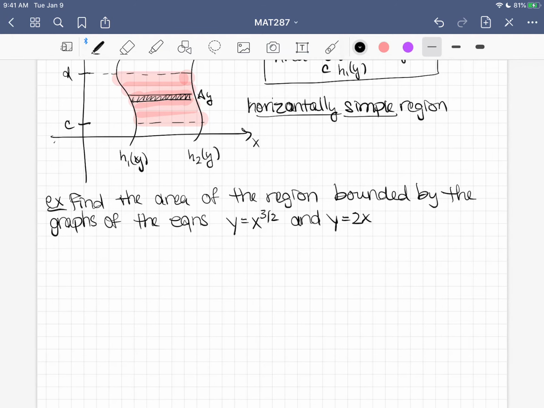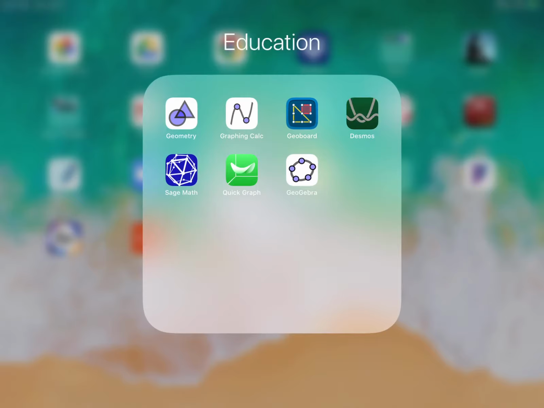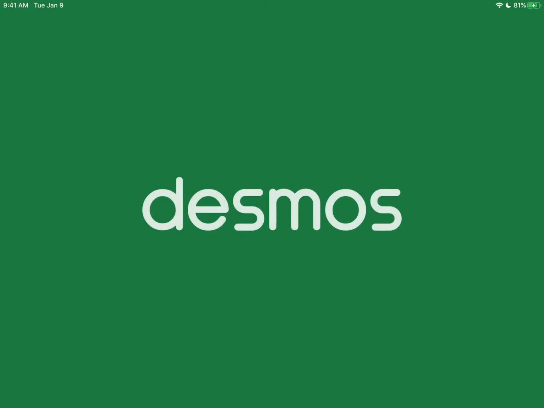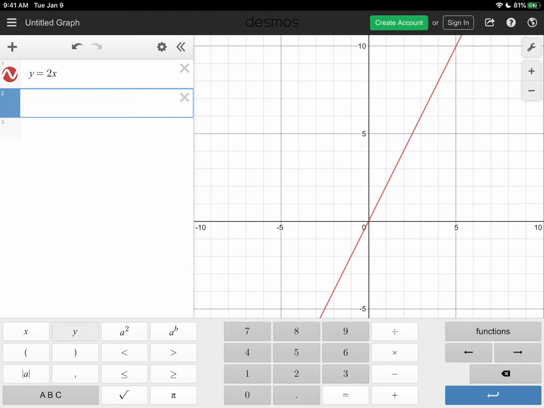Okay, so real quick, let's just go to Desmos and graph that region. So I have y equals 2x and y equals x to the 3/2.